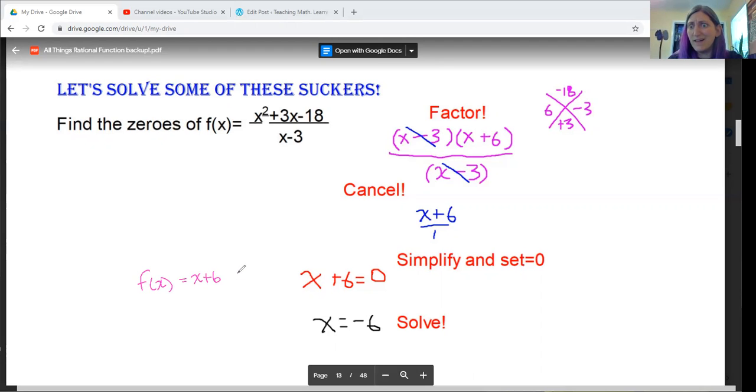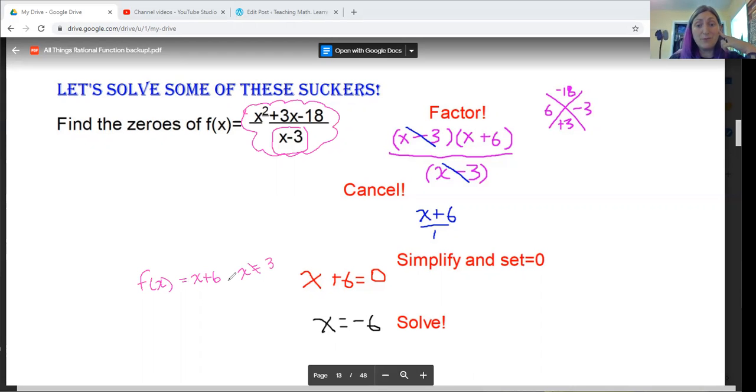That's just like a line, but here's the thing. It started out as this big honking monster before we simplified it. It is still a rational function and it will still have an excluded value, and all of you are doing it in your head right now, hopefully, of positive 3. This will be f of x equals x plus 6, where x cannot equal 3.